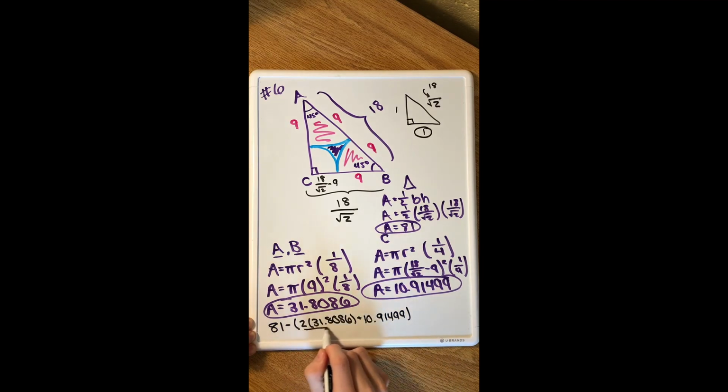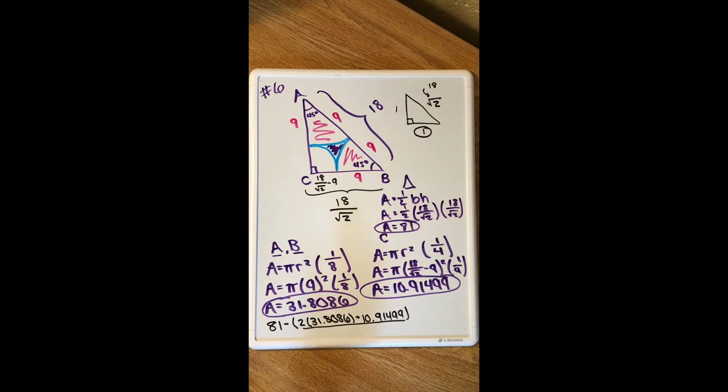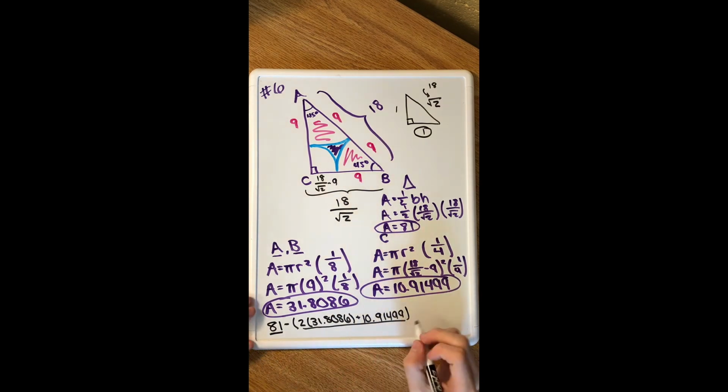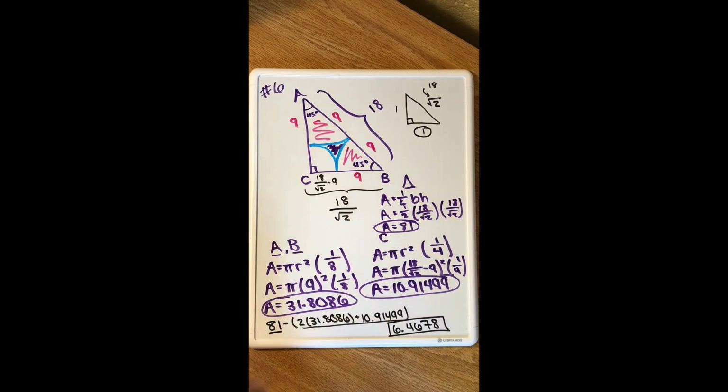So this is the sum of the areas of the arcs, and this is the triangle area, and you subtract triangle minus all of the arcs to get what is left inside the triangle, not included in the arcs. And for our answer, we get 6.4678. So that is the area of the region left outside the arcs but still contained in the triangle.